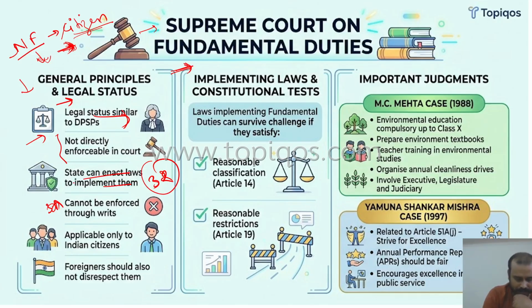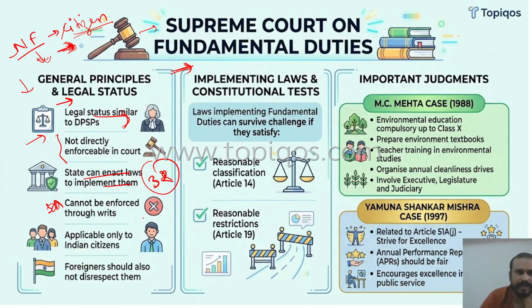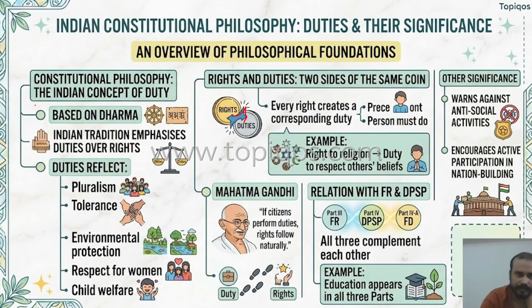So the question comes here. In the previous slide we have seen that their legal status is similar to DPSP, and we have seen that by the 25th CA, Article 31C was inserted. What does the article say?